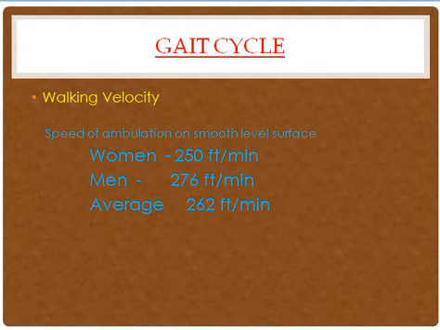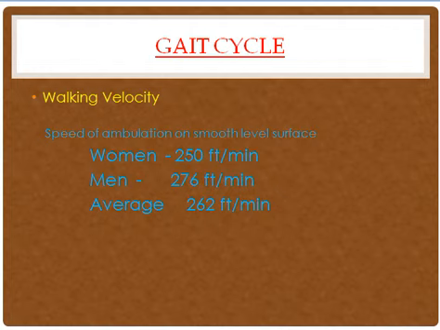Next thing is the walking velocity. This is a very important parameter. It is the rate of linear forward motion of the body, which can be measured in centimeters per second, meters per minute, or in miles per hour. Walking velocity is counted as distance walked over time.